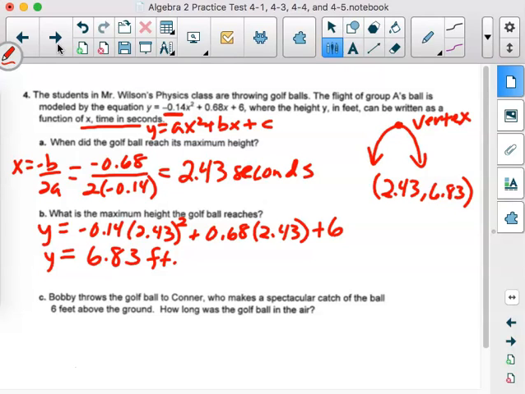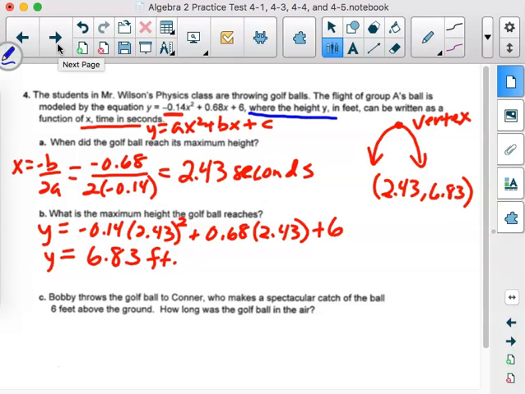Now C says, Bobby throws the golf ball to Connor, who makes a spectacular catch of the ball 6 feet above the ground. How long was the golf ball in the air? Oh, so I'm going to have to put the 6 somewhere in that equation and then figure out what the x-intercept is. All right, 6 feet above the ground.